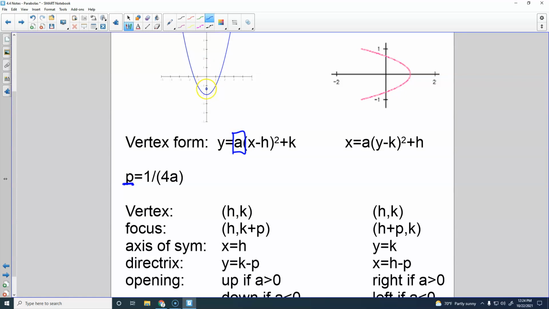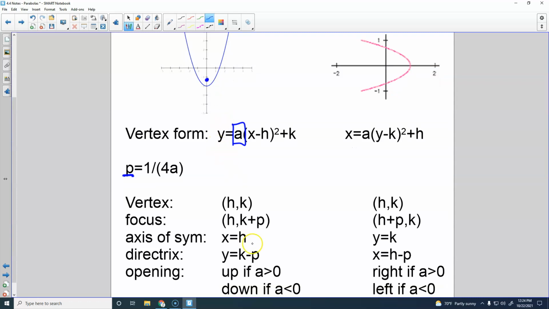So the focus of a parabola is always on the inside of the parabola here. And then we're going to have an axis of symmetry. Axis of symmetry, if it's like this, is going to be vertical. If we're over here, our focus is going to be here on the inside of the graph.